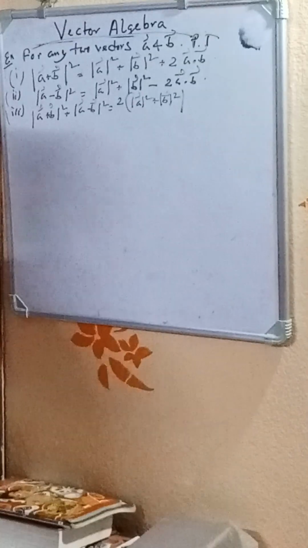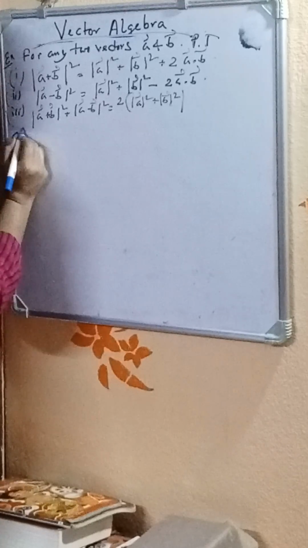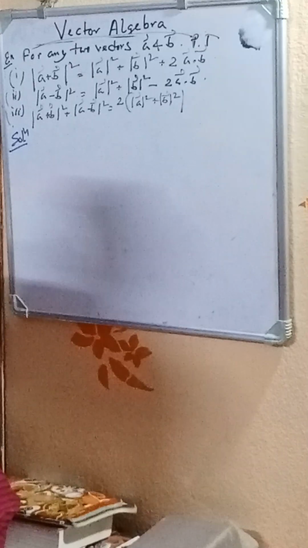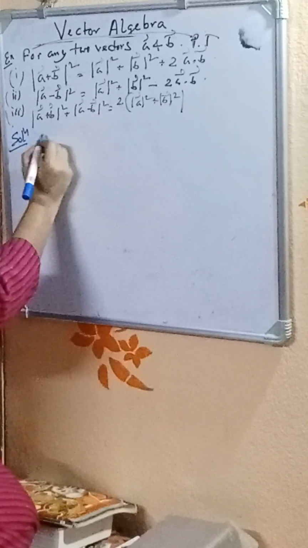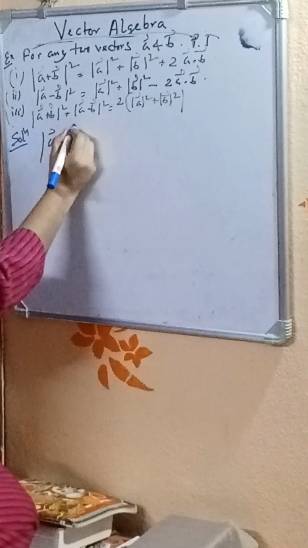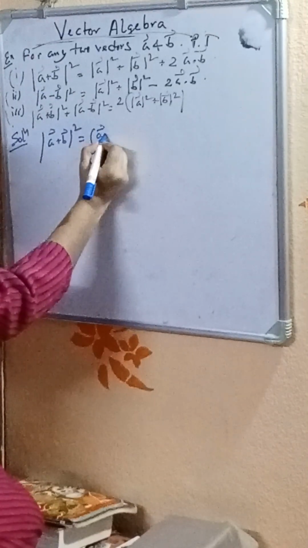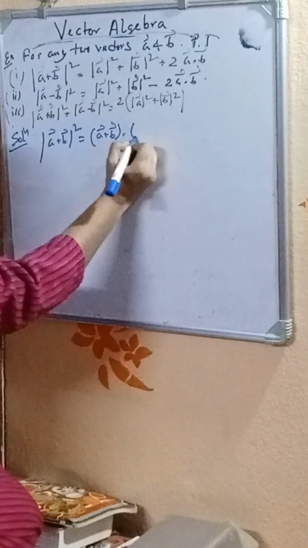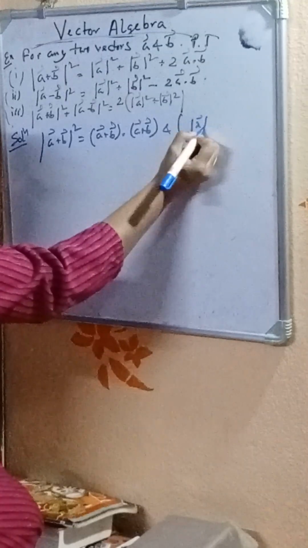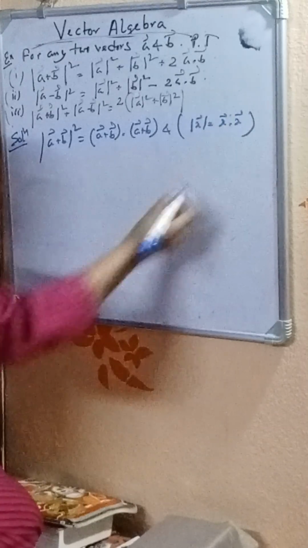Therefore, solution. Modulus of A vector plus B vector, whole square. We can write this as A vector plus B vector dot A vector plus B vector, as modulus of X vector squared equals X vector dot X vector.